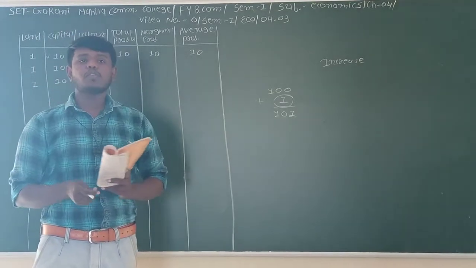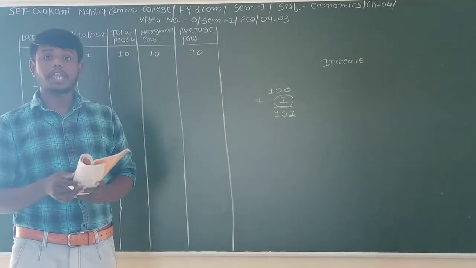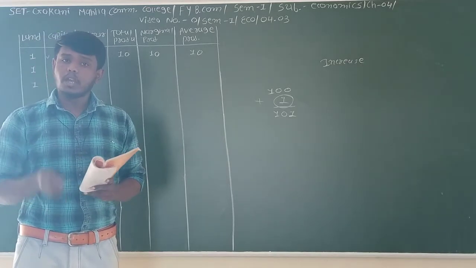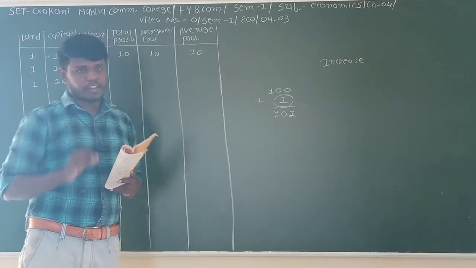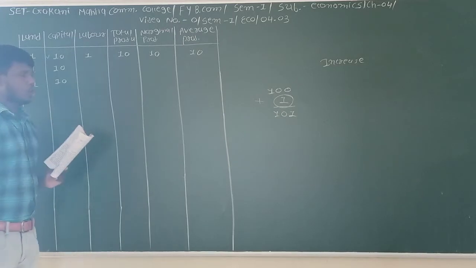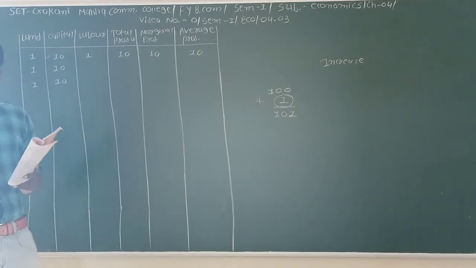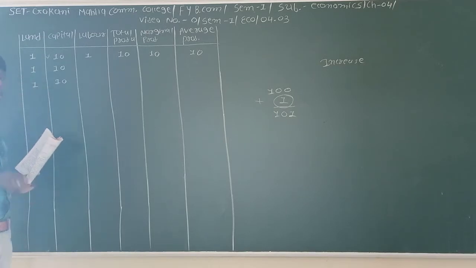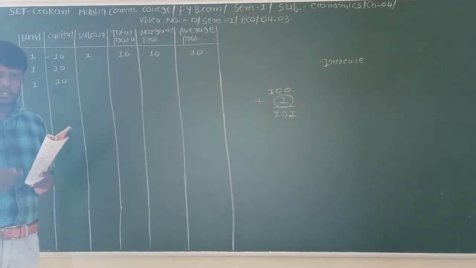In the law of diminishing marginal returns, we can change only one factor, and that factor is labor. So you can only increase labor. All the other factors, land and capital, must be kept fixed.